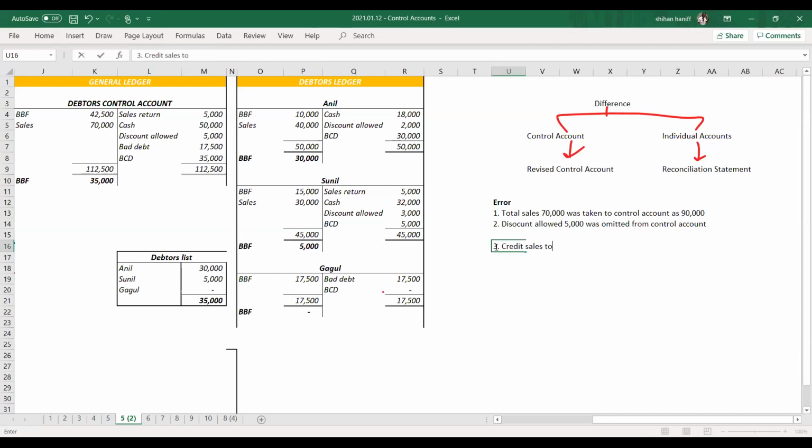Credit sales to Anil 40,000 was recorded as 30,000 in Anil's account.